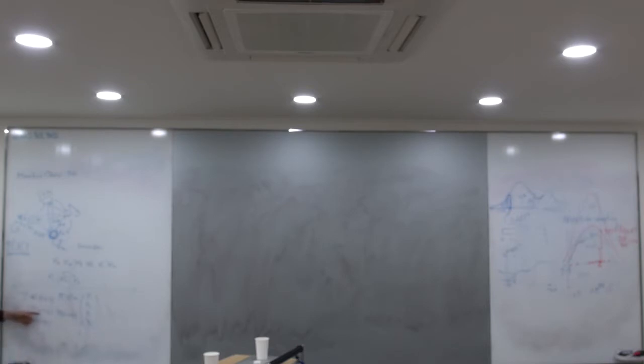The first row, first column has the probability of x1 from x1.